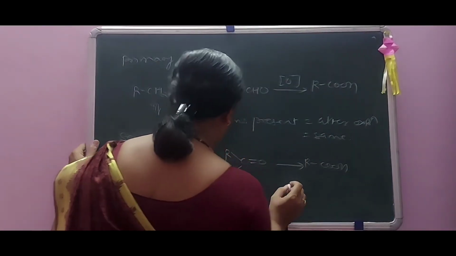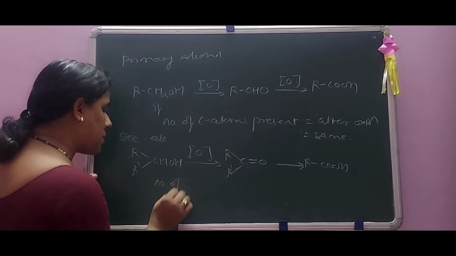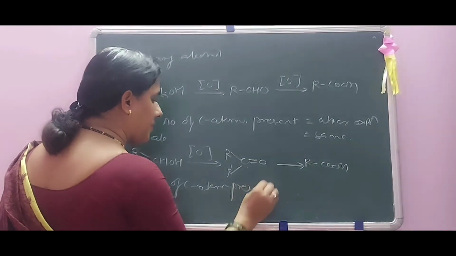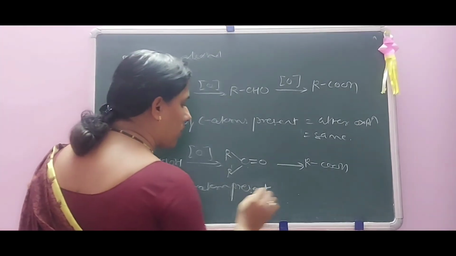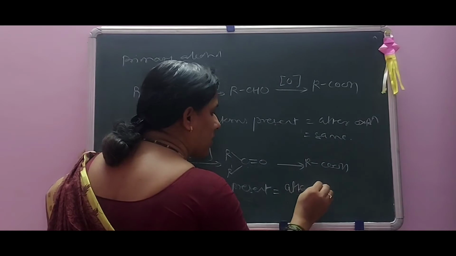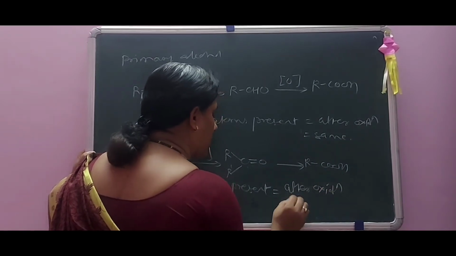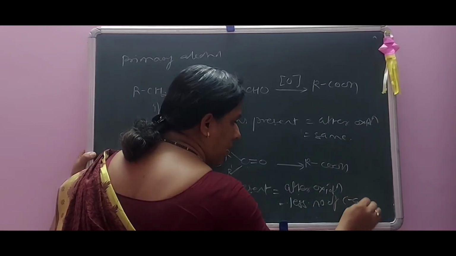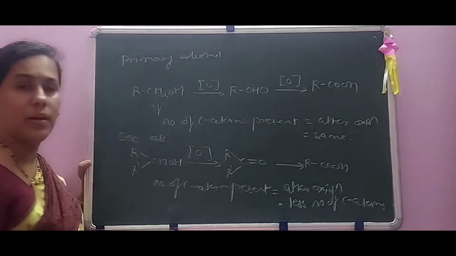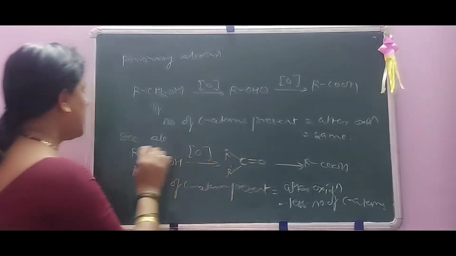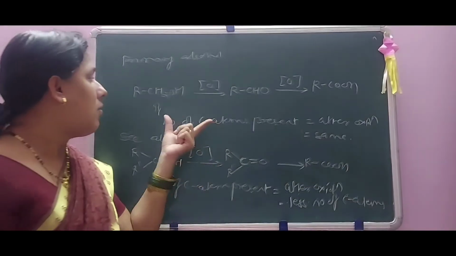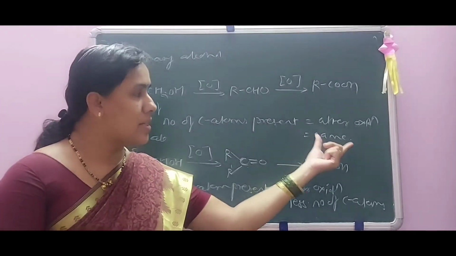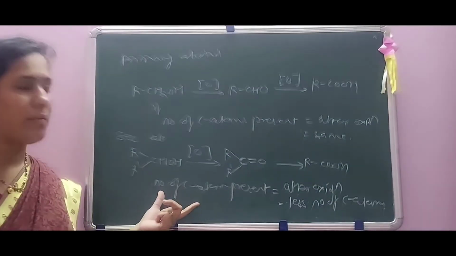Here the number of carbon atoms present after oxidation is less. That is, in secondary alcohols, the carbon atoms are not retained the same as in primary alcohols after oxidation.